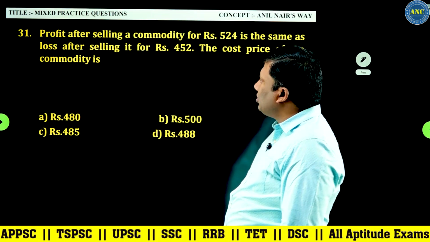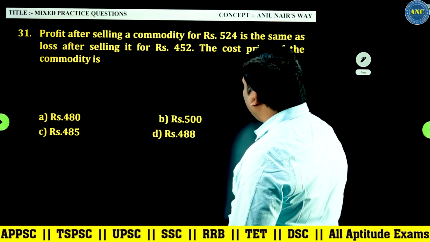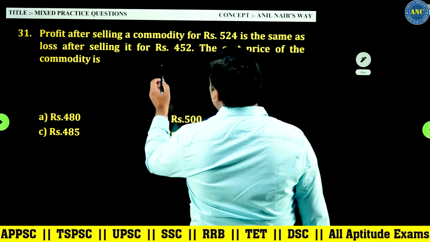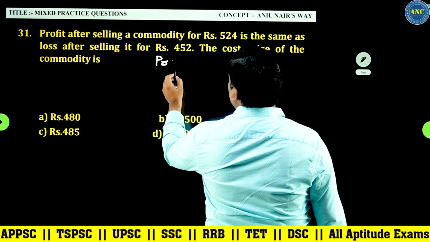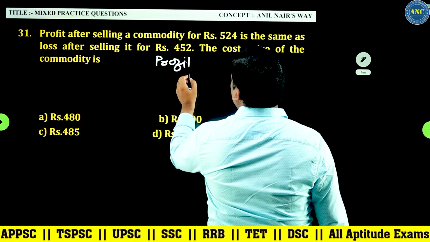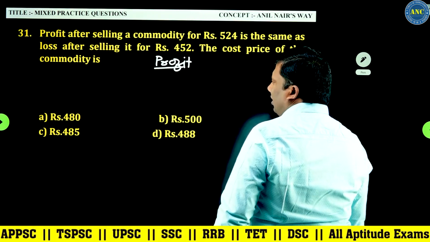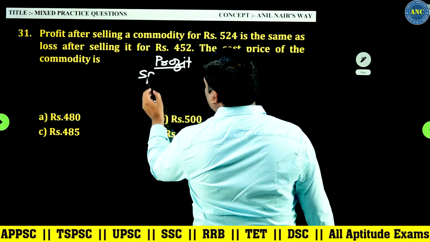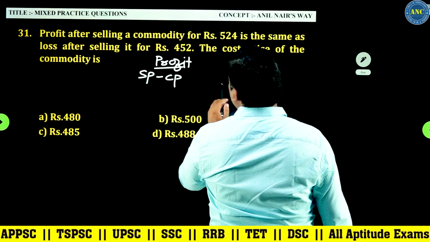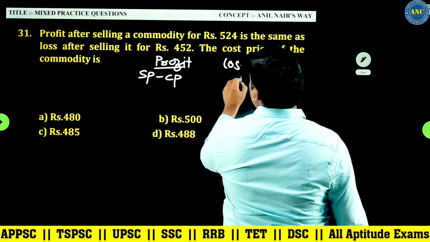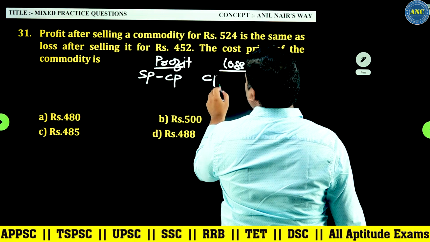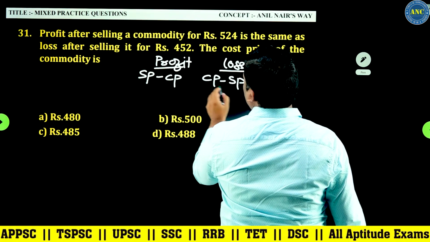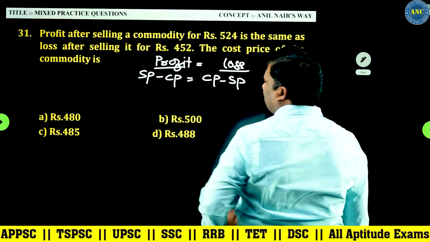Profit after selling a commodity for 524, right? So he is telling I did one transaction where profit is given as selling price minus cost price. That is equivalent to loss, which is cost price minus selling price. They both are equal, it seems.